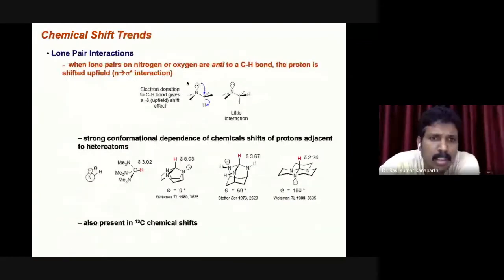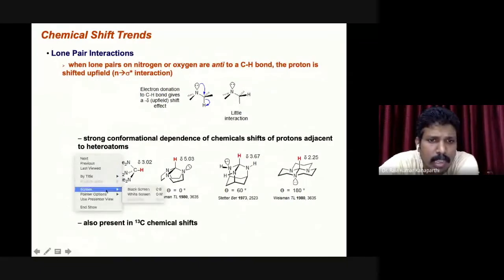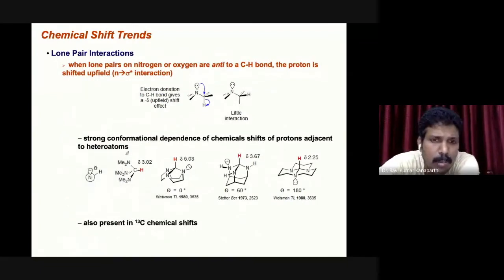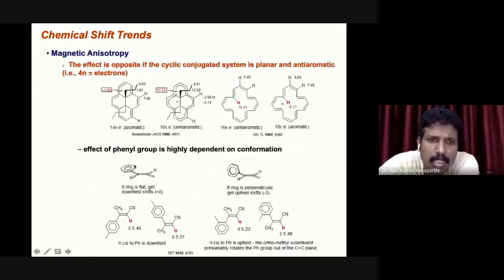And then again, when you talk about the electron pair, the effect of the lone pair electrons on a heteroatom. For example, you can see this particular molecule, CH. We are going to discuss CH protons when they are attached to a heteroatom. So this is one conformer, and there is another conformer.